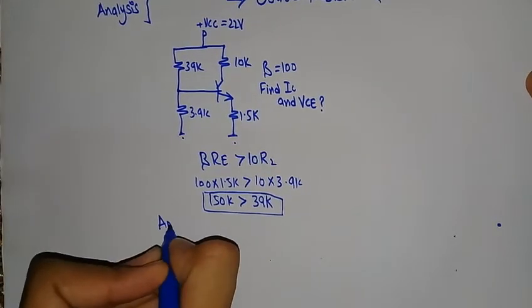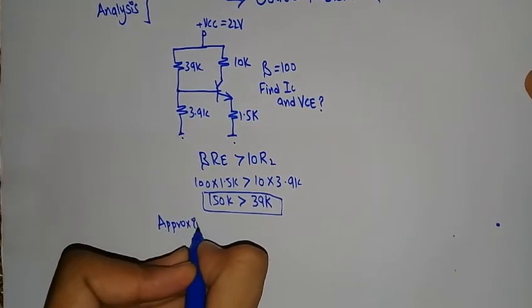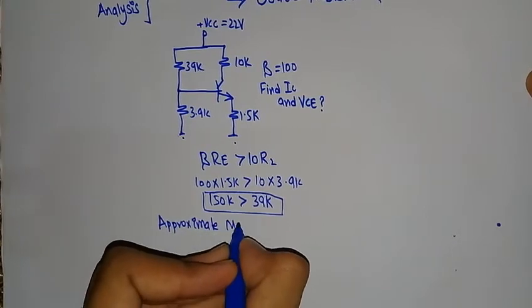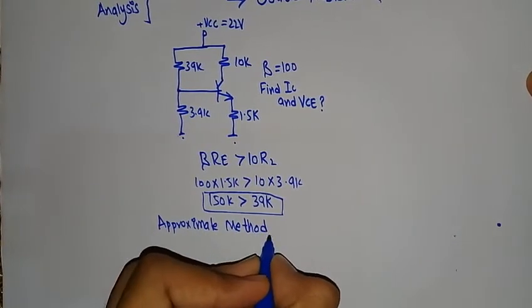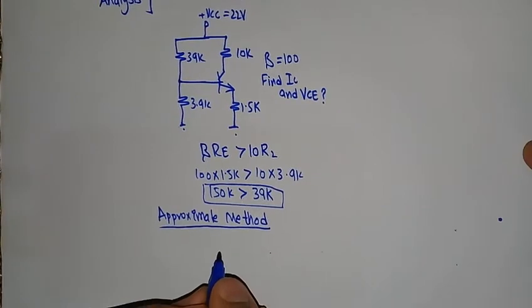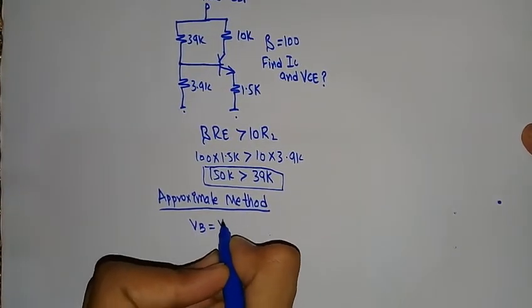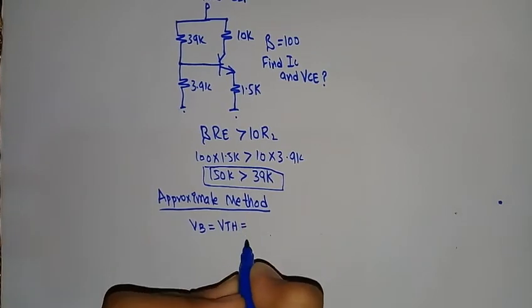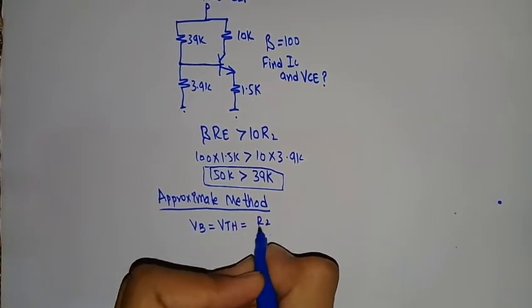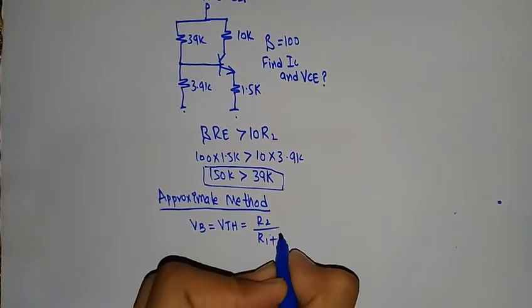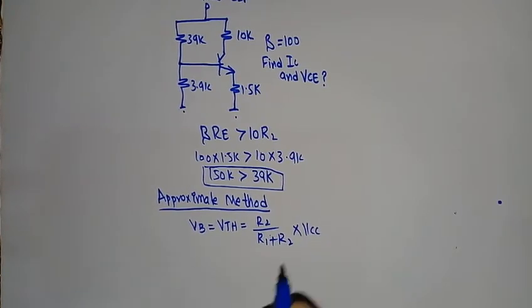So now we will apply the approximate method. In the approximate method, first you have to find the base voltage. Base voltage will be equal to the Thevenin's voltage, and this will be equal to R2 divided by R1 plus R2, multiplied with VCC.